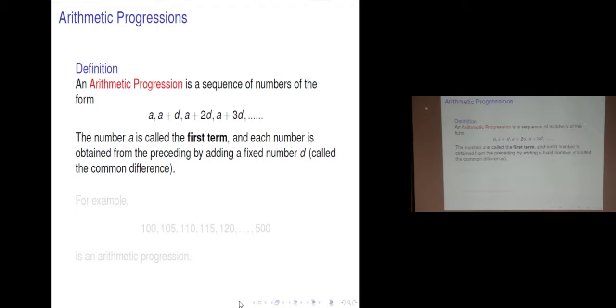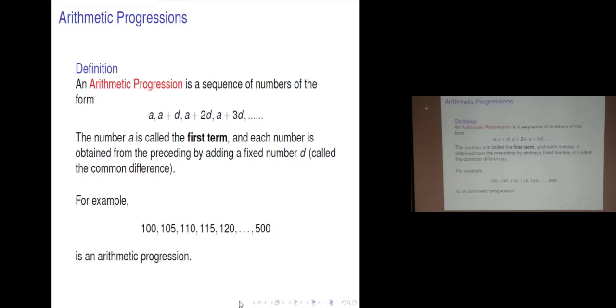The number a is called the first term, of course. Each number is obtained from the preceding one by adding a fixed number d. The d is called the common difference. You just keep adding the same number d, and you get the whole sequence. A typical example comes from the calculation of simple interest.